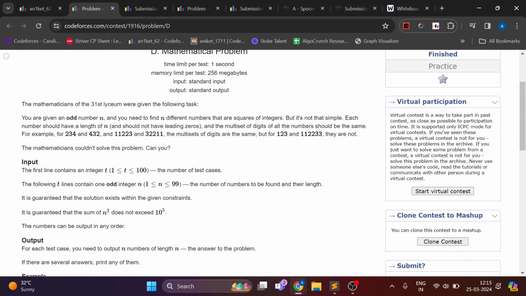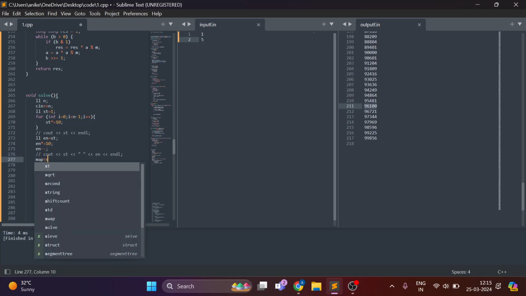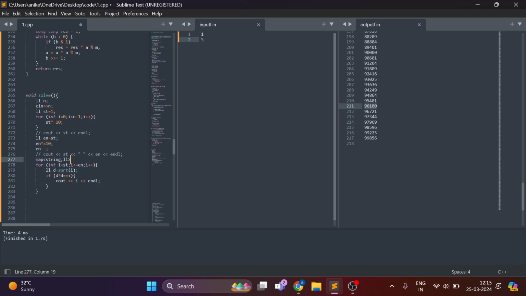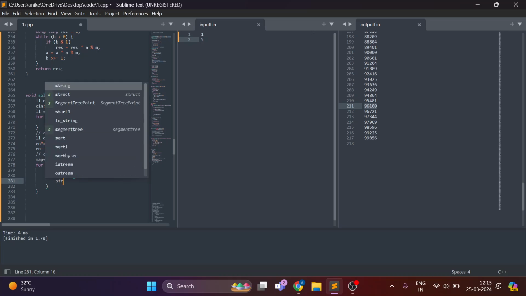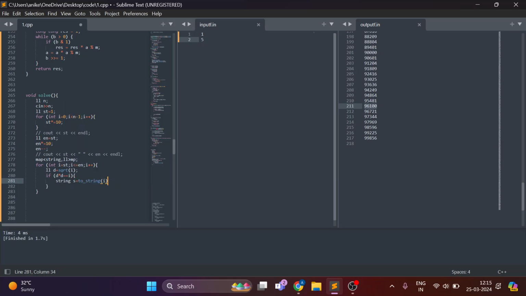So by adding this multiset condition, I created a map of string and integer. Now creating a multiset was hard for me, so what I did was convert this number to a string and sort the string.